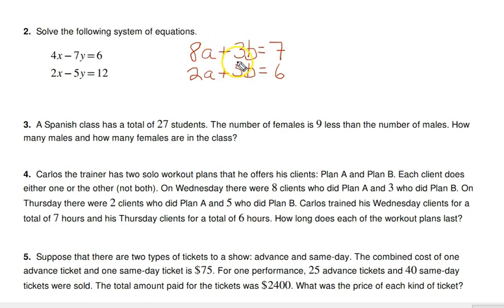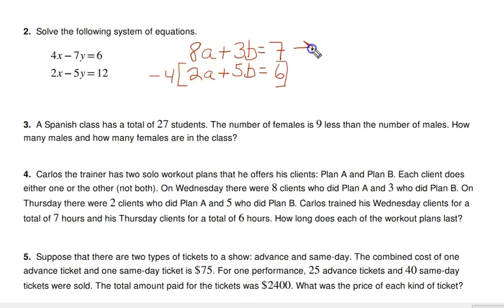But now you get to the next step. What do I do to solve this? Well, again, looking at this one, if I multiplied this equation by a negative 4, if you're thinking that already, so that this becomes a negative 8a.